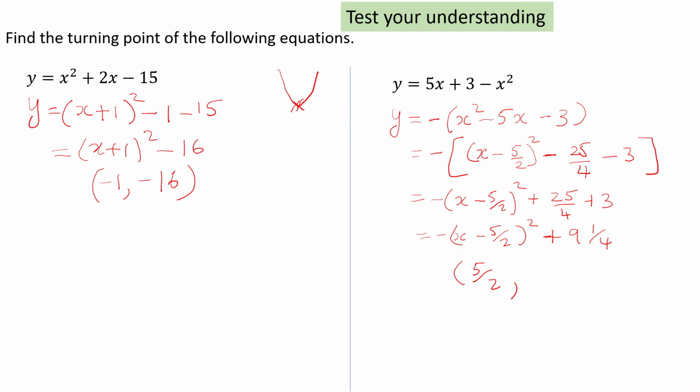When x equals 5 over 2, the y value is 9 and a quarter. So this is the turning point. The shape of the graph has a maximum point because the coefficient of x squared is negative. So this is a maximum.